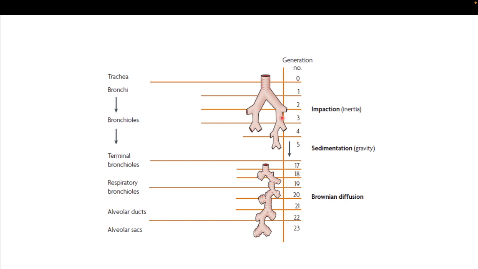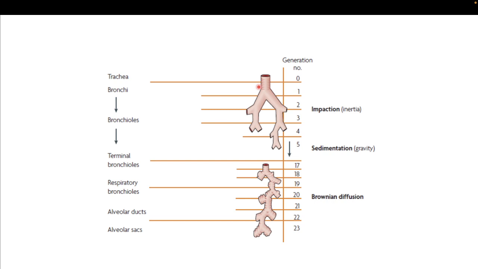If your particles are of a very small size, let's say you make a 50 nanometer particle, which is less than 1 micron, it will have a very good impact because it's smaller in size. But since the patient is constantly inhaling and exhaling air, and these particles are very small, before even reaching the smaller bronchioles they'll be exhaled out. So you can't have a particle which is very small.